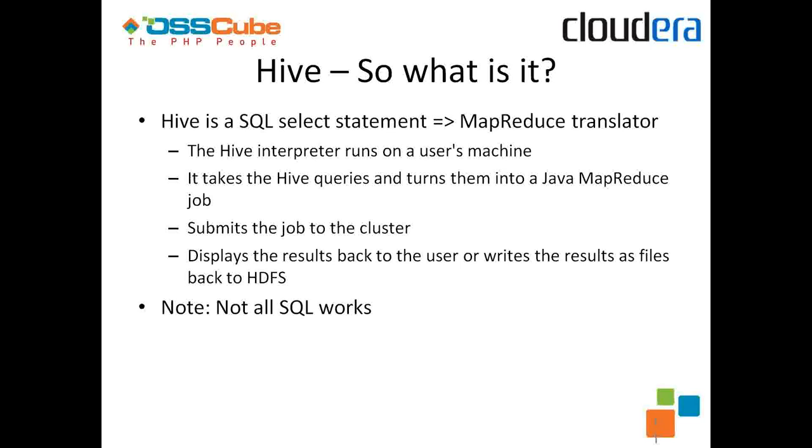Then the interpreter takes that query, converts it into a MapReduce job, and submits that job to the cluster. That job then runs on the cluster and can display the results back to the user, so you can see the output of your query, or it can write the results back as a file into HDFS. This is basically what Hive does. That's the core concept of Hive.